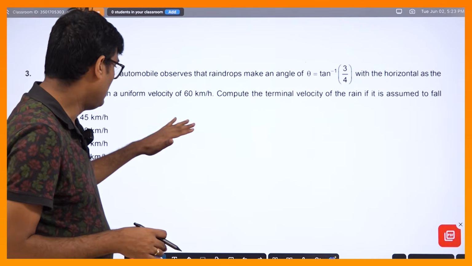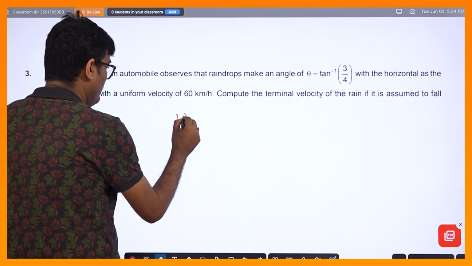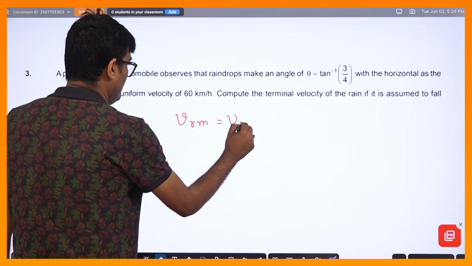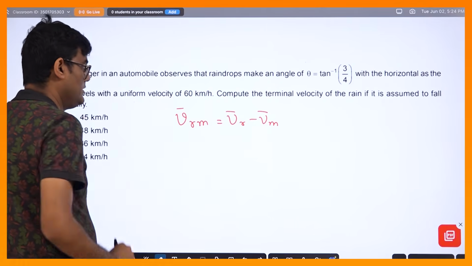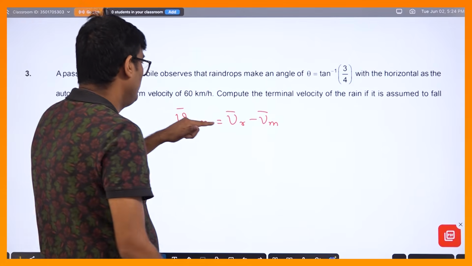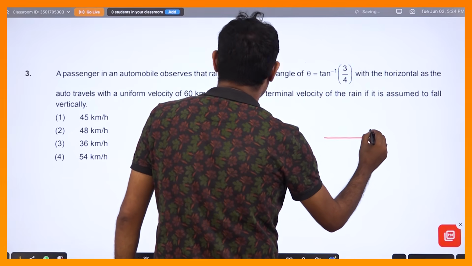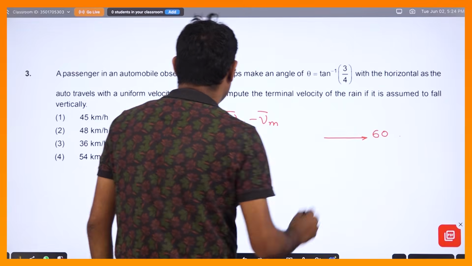In relative motion we always use this formula: velocity of rain with respect to man is velocity of rain minus velocity of man. We will use this formula in this case as well. The velocity of man and auto are the same, so the velocity of man is 60 km per hour in the horizontal direction.